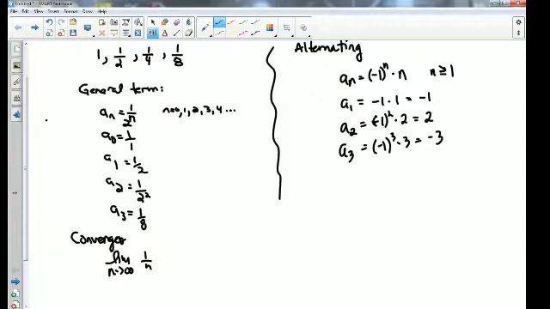What's the limit as n approaches infinity of 1 over n? 0, right? Converges. This diverges, or does not converge. Sometimes we use the language does not converge, because the limit as n approaches infinity of n goes to infinity.